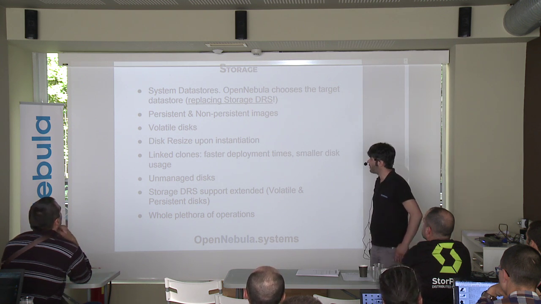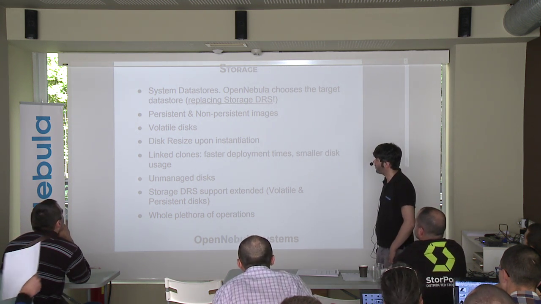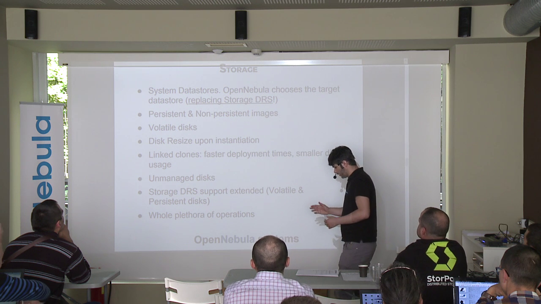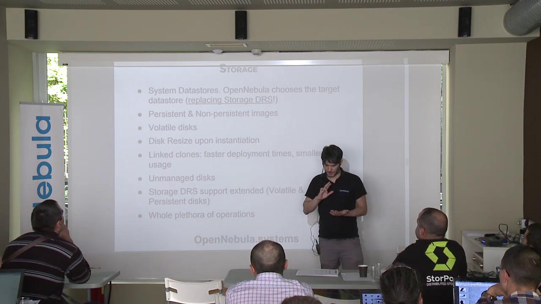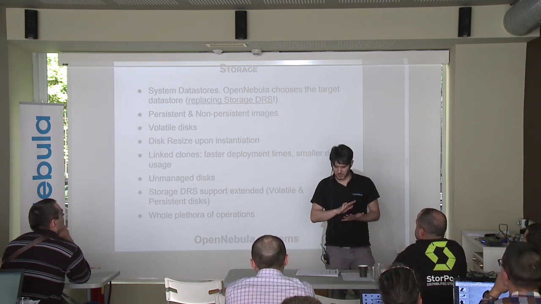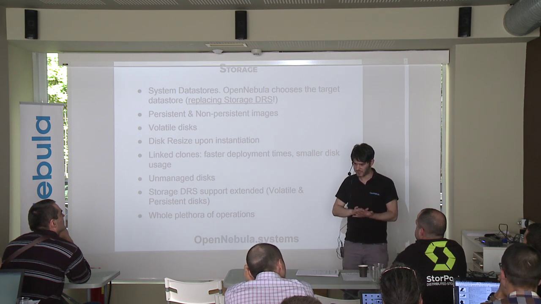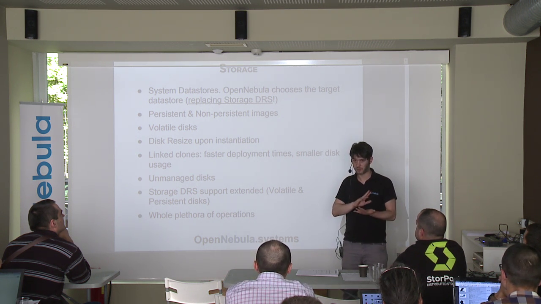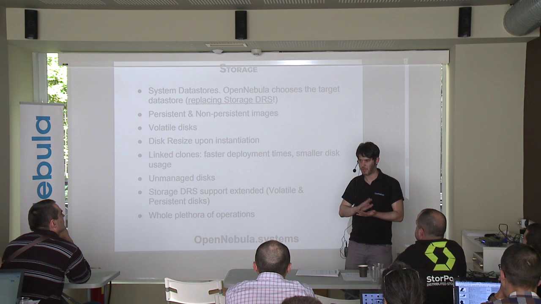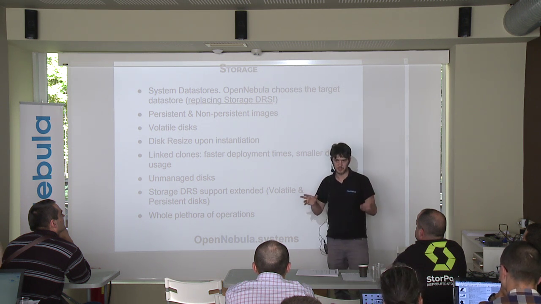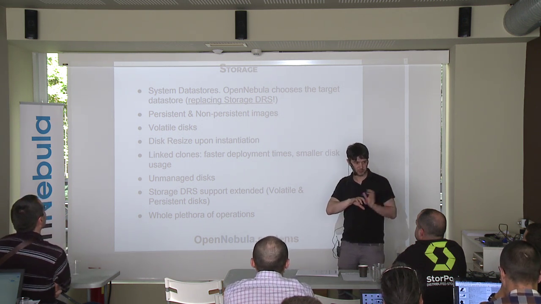For storage, the main change is that, I told you before that the VMware drivers were the same as Amazon and Microsoft Azure. That means that they are public cloud drivers. Let's say it's like a special type inside OpenNebula.